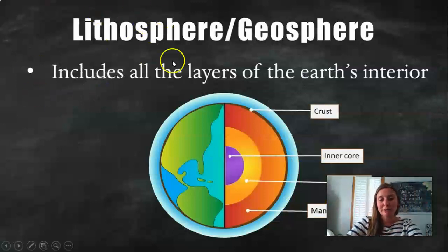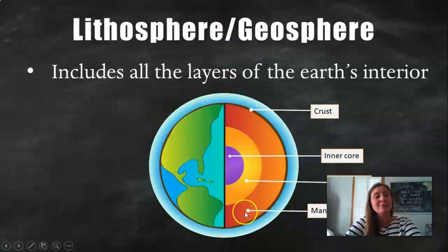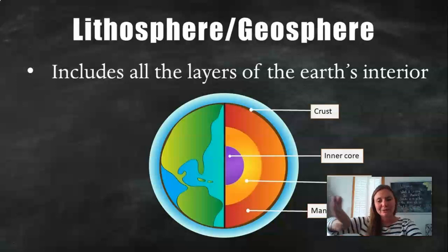We will spend a great deal of time very soon talking about the different layers. I like to call these the baby layers of the earth, meaning the baby terms, the ones that you probably remember from middle school, maybe even elementary school: crust, mantle, inner and outer core. We're going to kick those out of the way here and start talking about the chemical layers, meaning there's two different types of things that are happening with the crust.